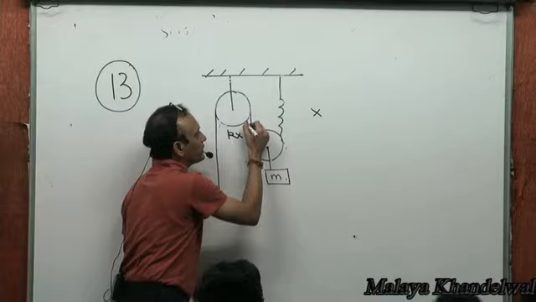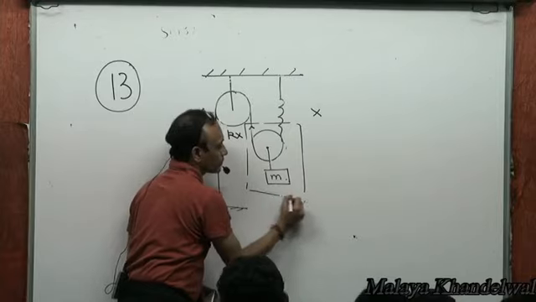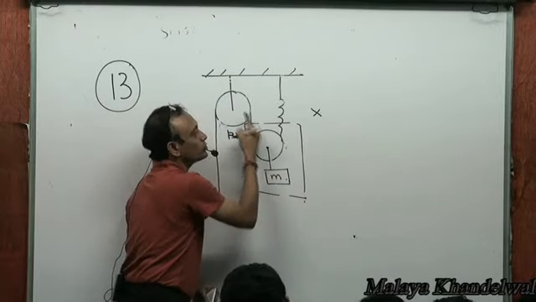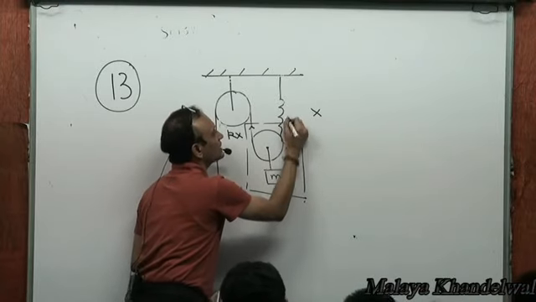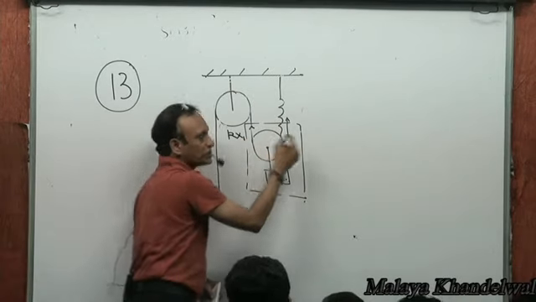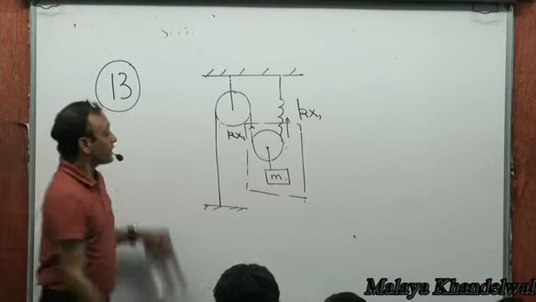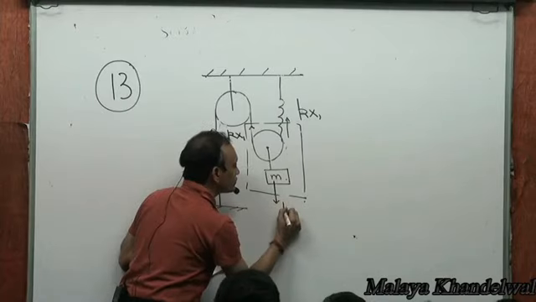If I look at the free body diagram of the pulley plus mass, it's going to be kx1 like this, and kx1 like this, where x1 is the elongation in the spring initially to produce equilibrium. And then there is mg downwards.